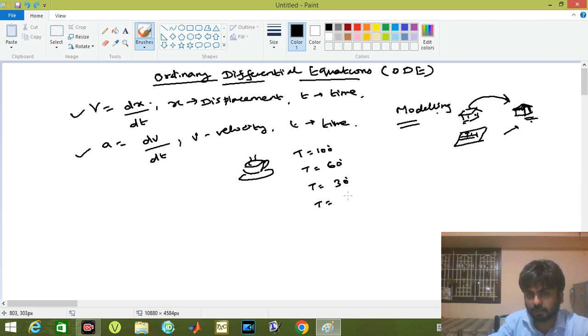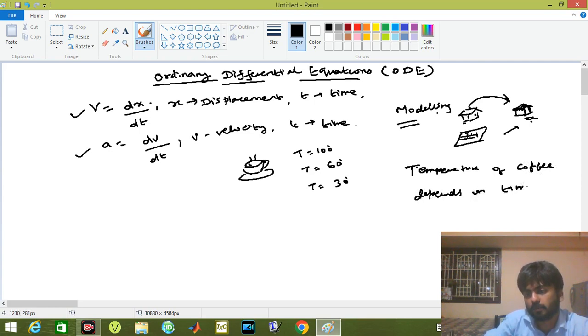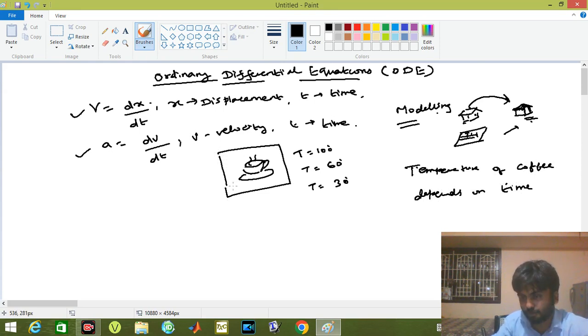There will be no heat at all. So here the temperature of the coffee depends on time. For the real life situation, drinking coffee is possible only if we heat the coffee.